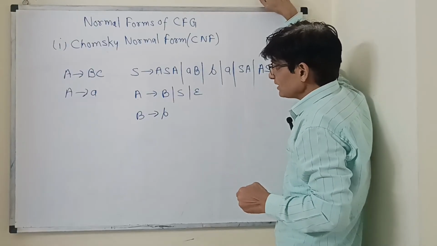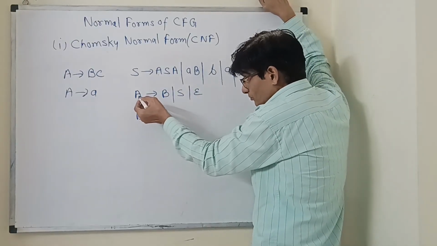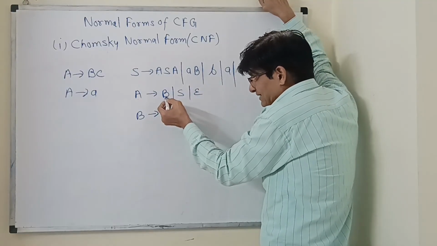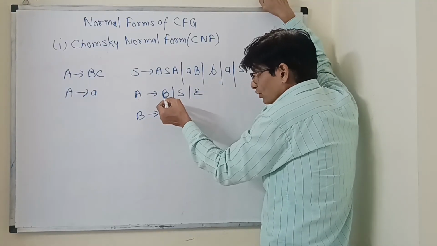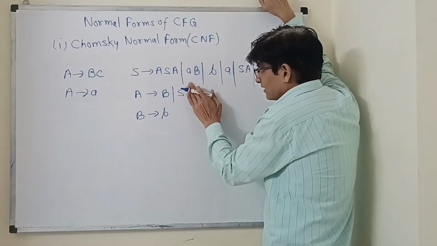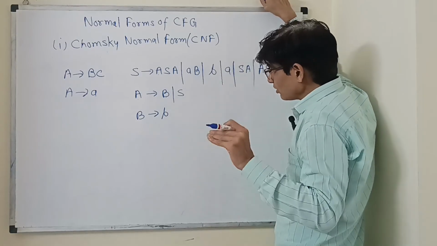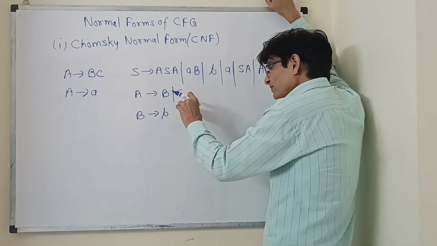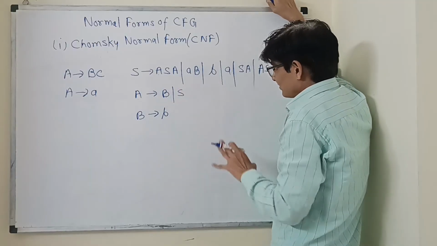Now we have removed A gives epsilon also. First we removed the epsilon production, and now we will remove the unit production from this grammar.